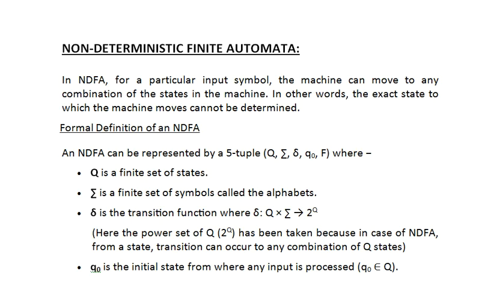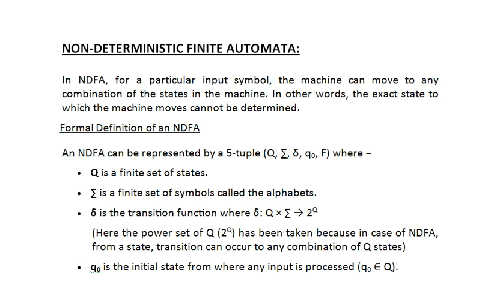Now, if I talk about a deterministic finite automata, it was already determined that from every state, for each input symbol, it will make one transition to another state. That was determined, correct? But in non-deterministic finite automata, there is no such restriction. You can also check it out in the definition part. It's written that for a particular input symbol, the machine can move to any combination of the states in the machine, regardless of the scenario.